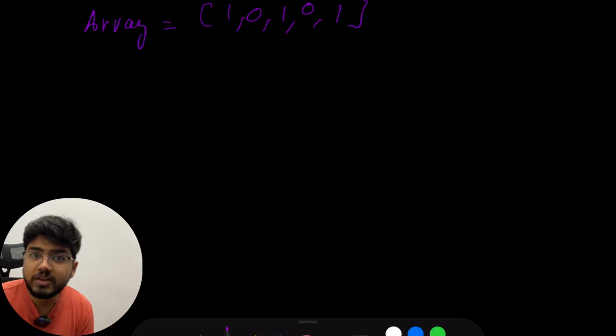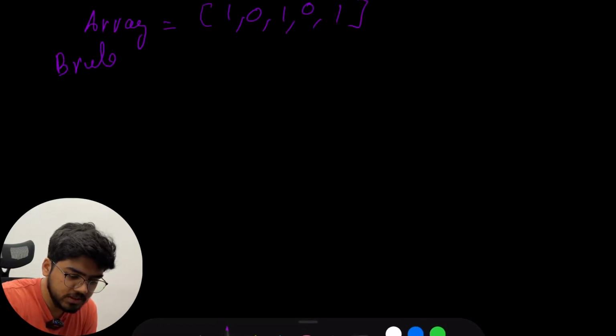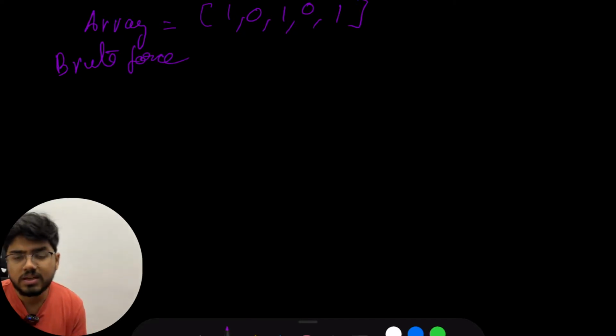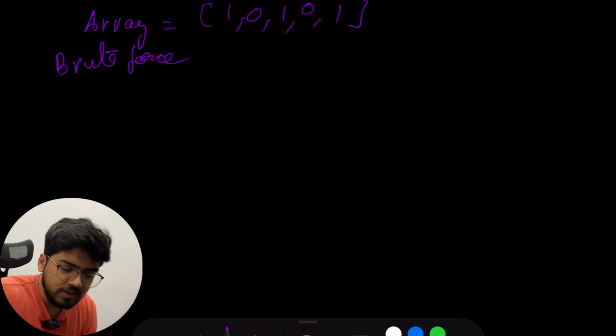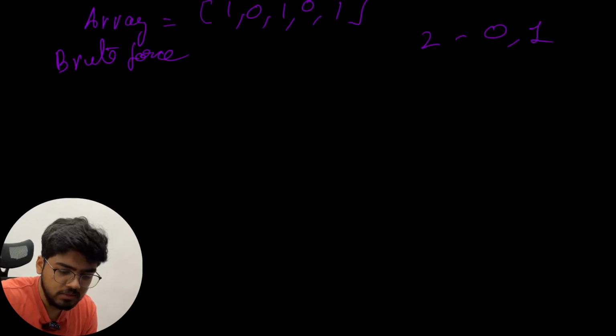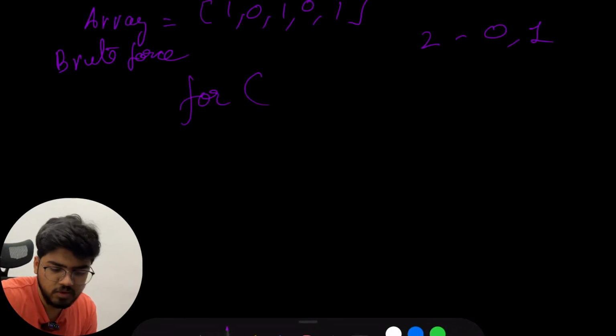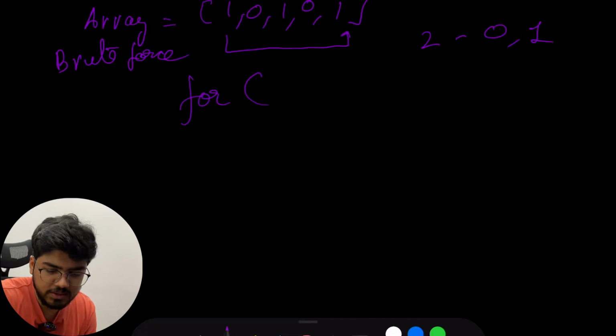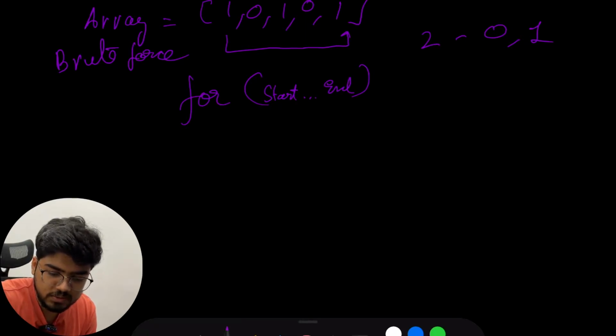Now we will first follow the brute force technique. We have two things, which are 0 and 1. We will take a for loop and iterate from 0 till the end, and count how many zeros we have from start till end.